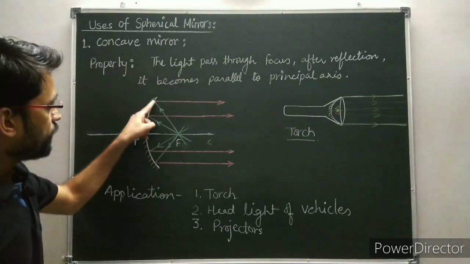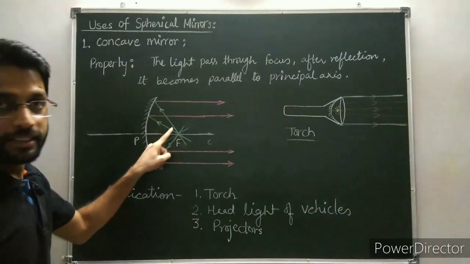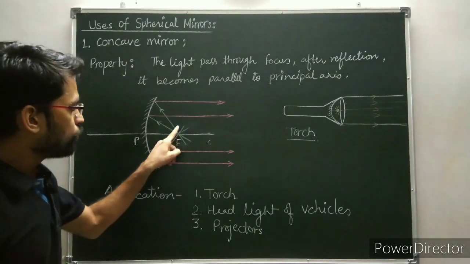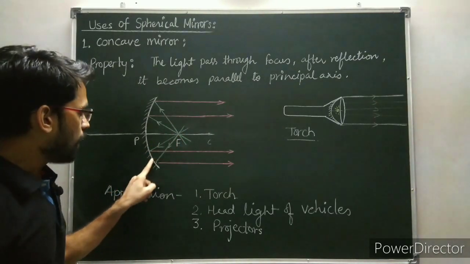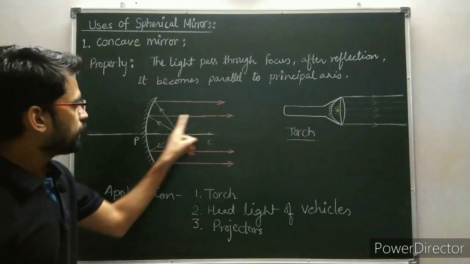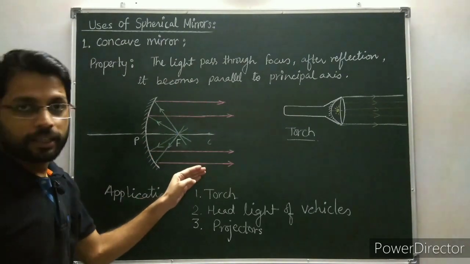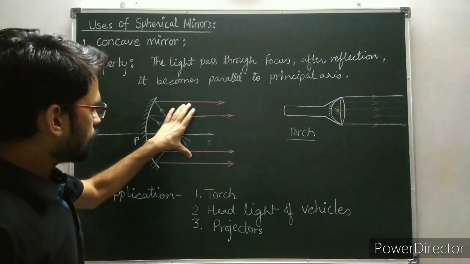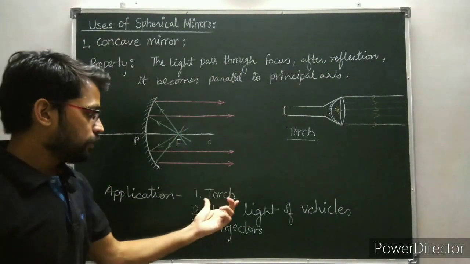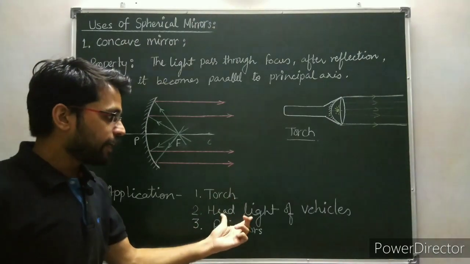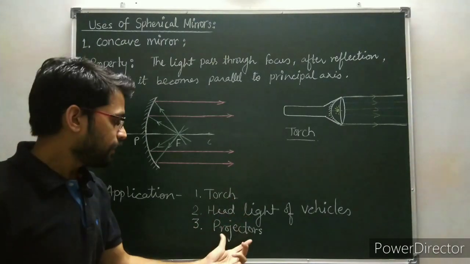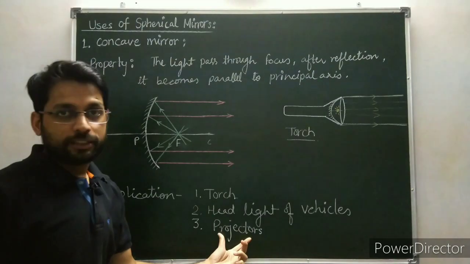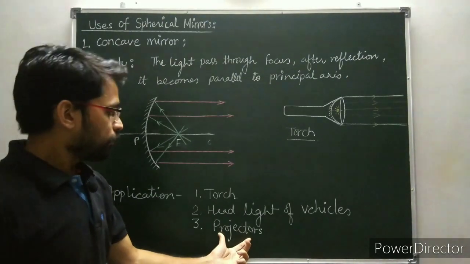When the incident light rays pass through focus, then after reflection the reflected rays become parallel to each other. And this property is used in torch, headlight of the vehicles, and in the projectors.